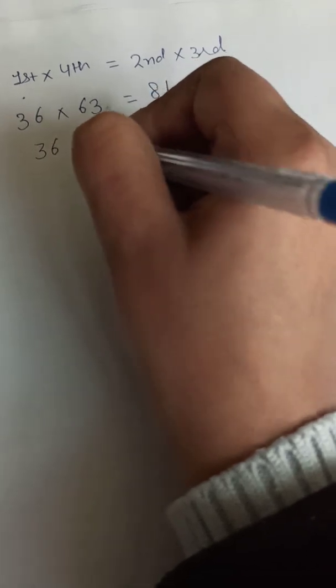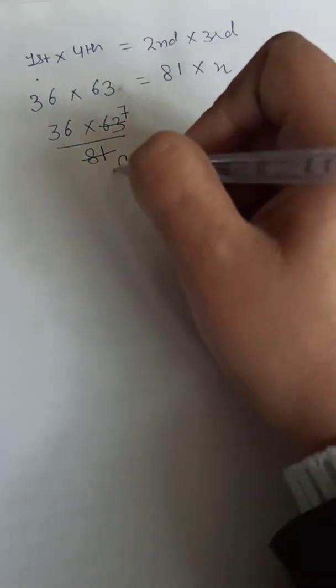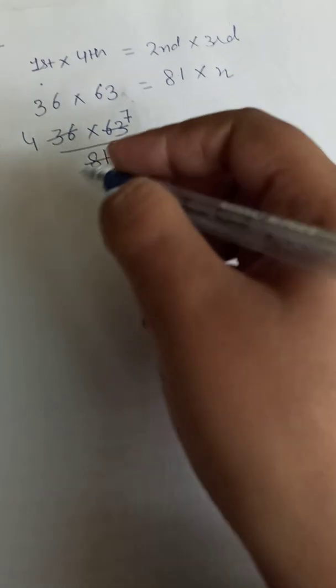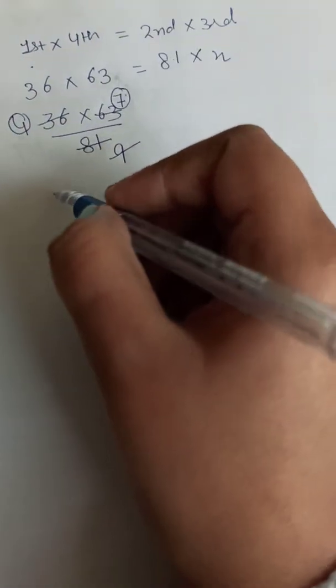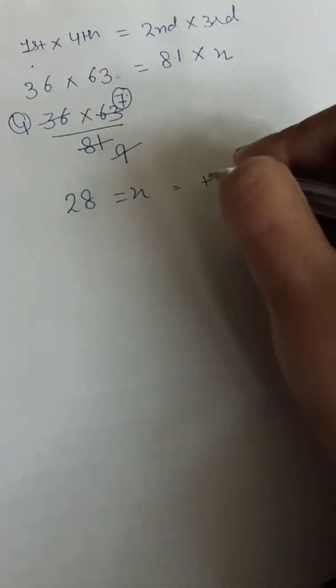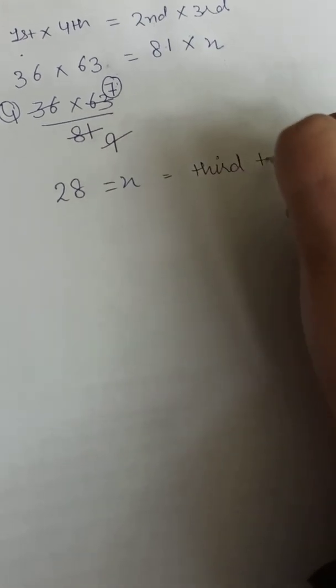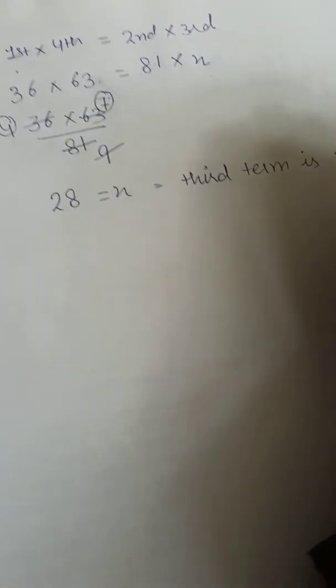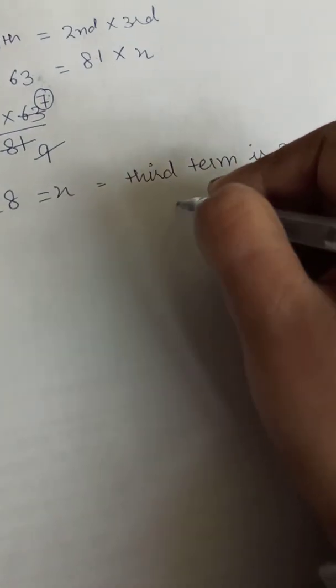So we will let the third term be x. Take this 81 to this side. 9 nines are 81, 9 sevens are 63, 9 fours are 36, 7 and 4 are left. So 7 4s are 28. So here beta the third term is 28, which is option B.